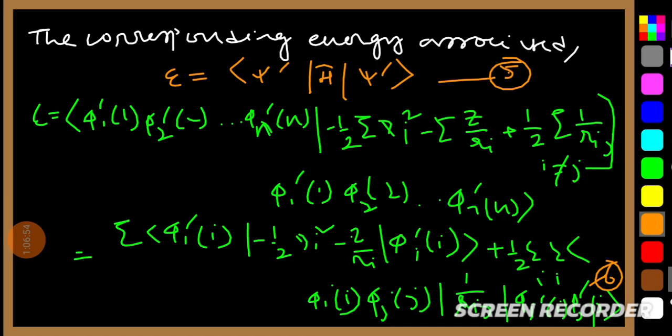So the corresponding energy associated, epsilon, equals within a Dirac bracket psi dash, h cap, psi dash, that is the fifth equation.